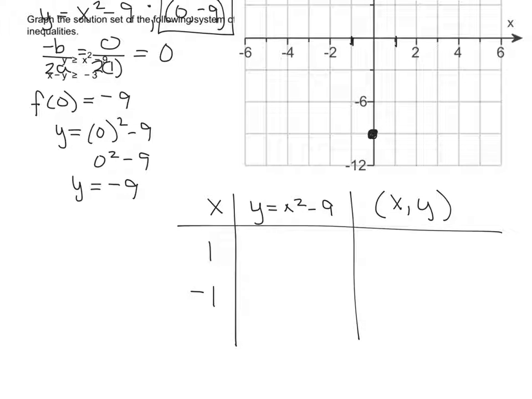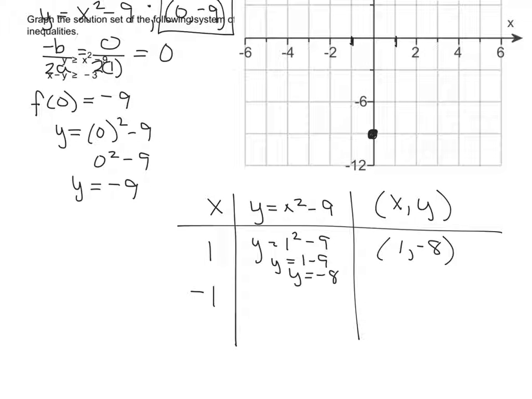So I just created an xy chart. So for x equals 1, I have y equals 1 squared minus 9, which is y equals 1 minus 9, which gives me a negative 8. So this is 1, negative 8.